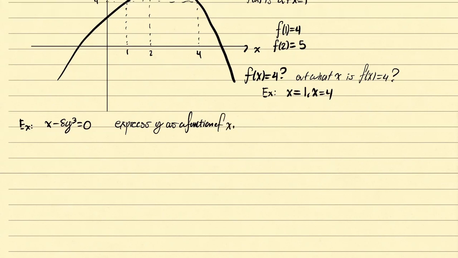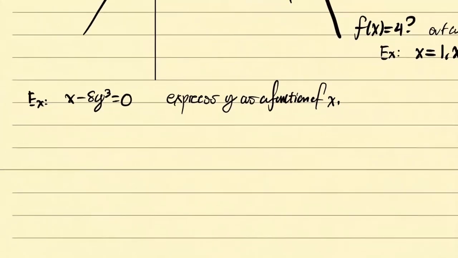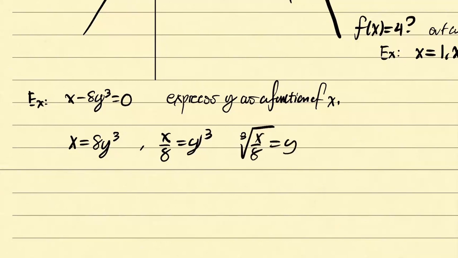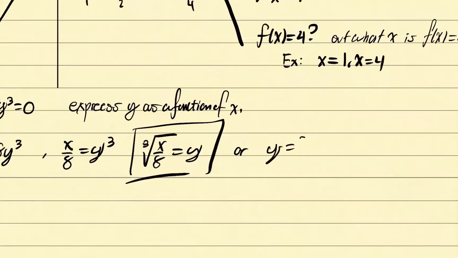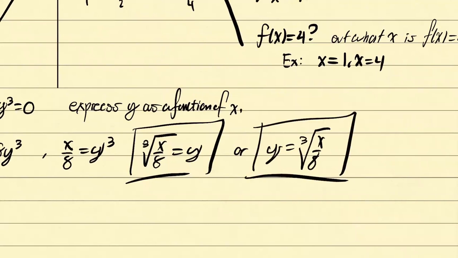I want to write y equals something about x, a function of x. So this is y written as a function of x, meaning if I plug in some x, I get an exact y value out. So if I plugged in 0 into this equation, I would get 0 out from y, or 0 out from f of x.